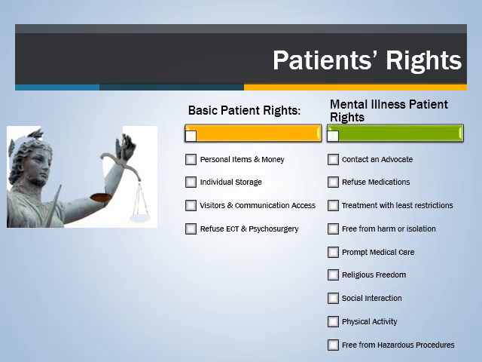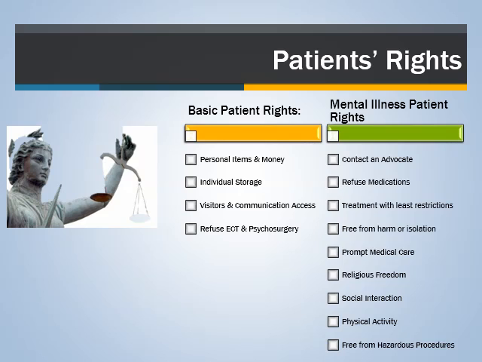So one thing that exists is a bill of patients' rights and basic rights that people have when they have been involuntarily committed. So basic to whether it's for mental illness reasons or anyone at a state hospital, any patient has a right to wear their own clothes, use their own toiletries, and keep money for small purchases.